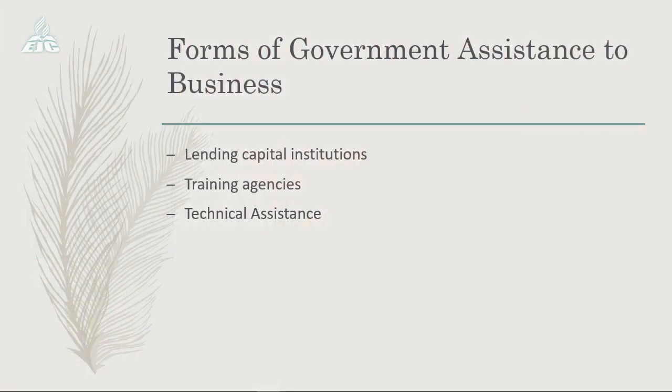The other way in which the government assists you, and again, remember you're not necessarily paying for these services now, is through technical assistance. Good? So of course the first one is through lending capital agencies, and then training agencies. Now technical assistance: you need some specialized training in a certain area, some expert in a certain area.